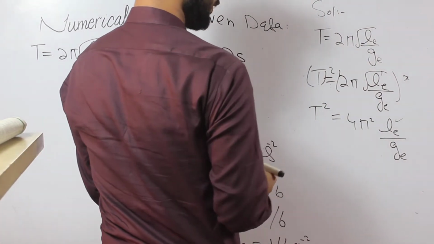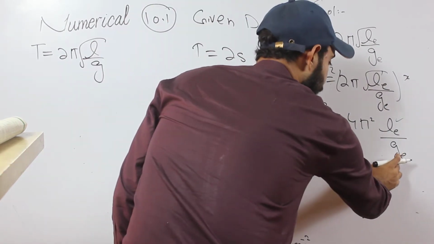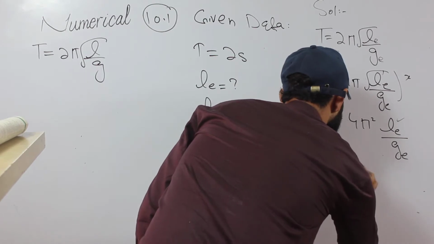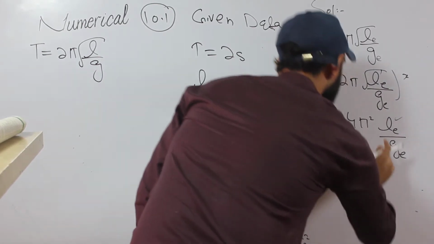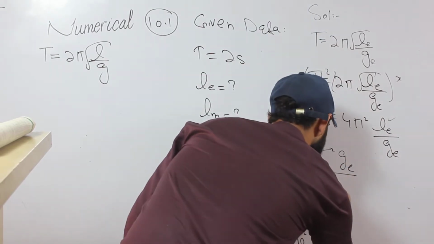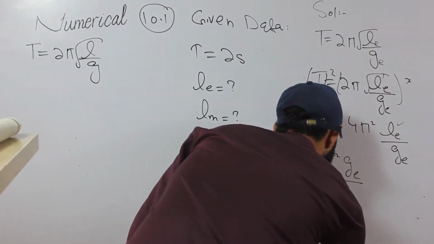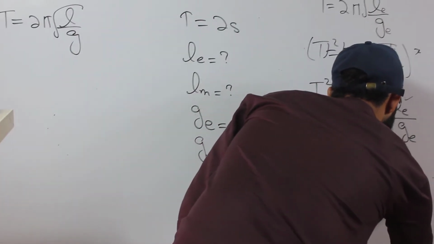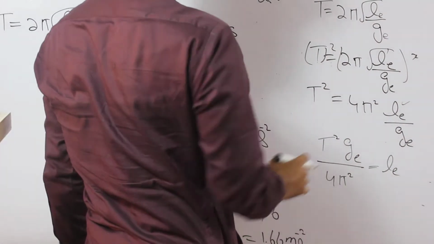First of all, we arrange the formula. G, which is divided here, will be multiplied on the other side, and 4 pi square, which is multiplied here, will be divided on the other side. So we get length on the earth equals T square G over 4 pi square. So we have arranged the formula.